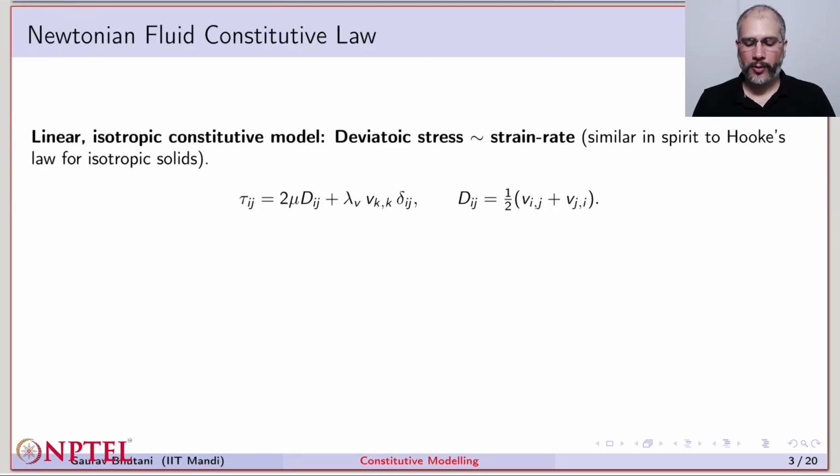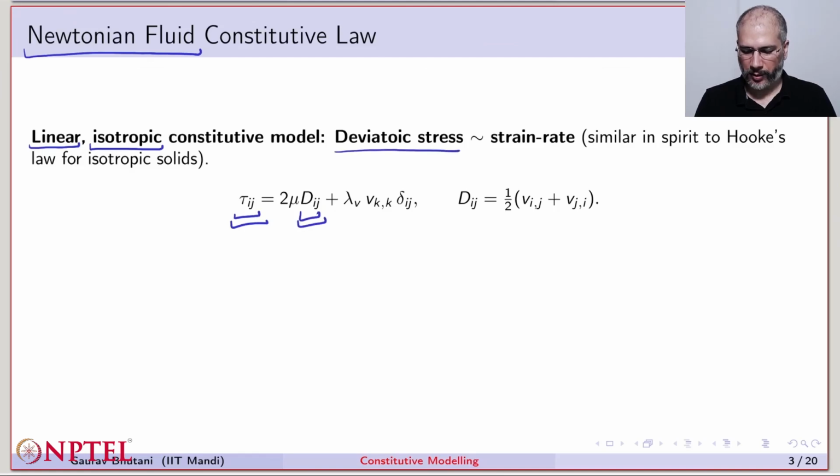So here we present to you the constitutive law for a Newtonian fluid. Now let's define what a Newtonian fluid means. So a Newtonian fluid means it's linear, that is the constitutive model will be linear. Then it is isotropic, so that's a special case where you have an isotropic material. And as we discussed, in fluids, we talk about relating tau with d.